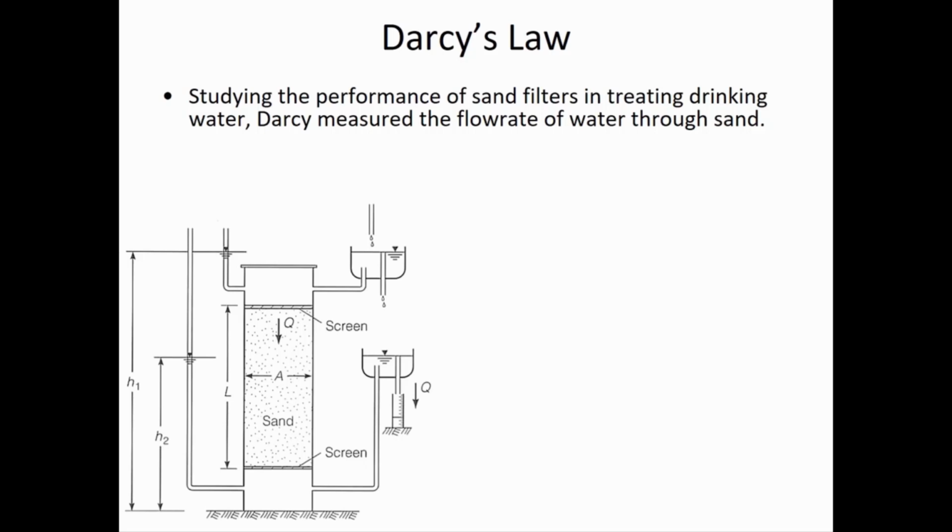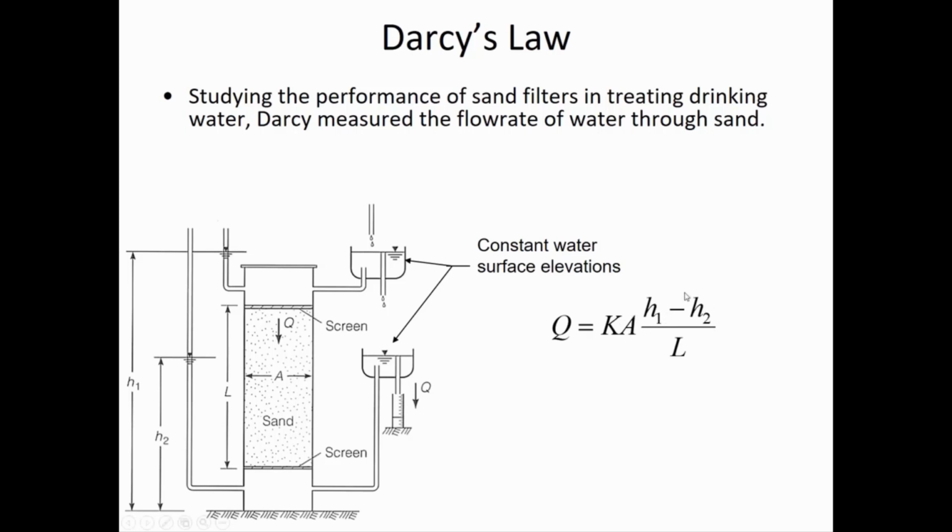And Darcy's law says that there's some proportionality constant that describes the ratio of the area, the slope of the energy grade line through the soil. So that is the difference in heights over the length of the soil column that it's passing through.